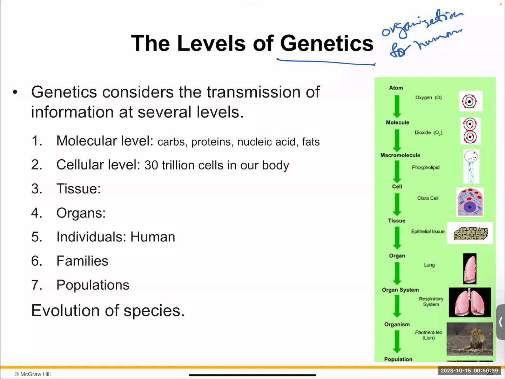So we start at the most basic level, which is referred to as atoms. If you have ever seen a periodic table, you probably have heard of atoms. So some of the examples are things like oxygen, carbon, hydrogen, nitrogen, sulfur, etc.